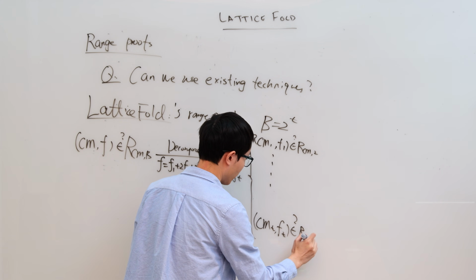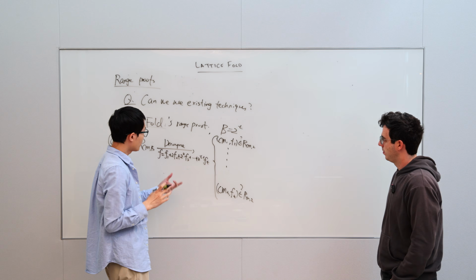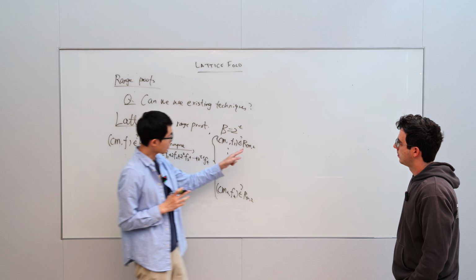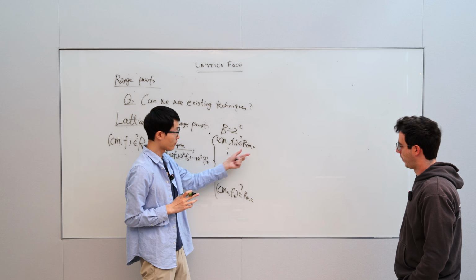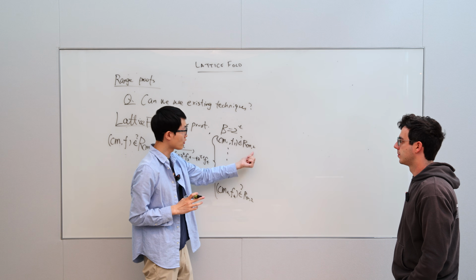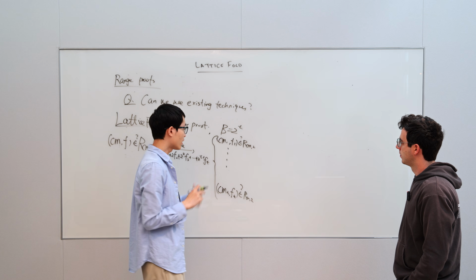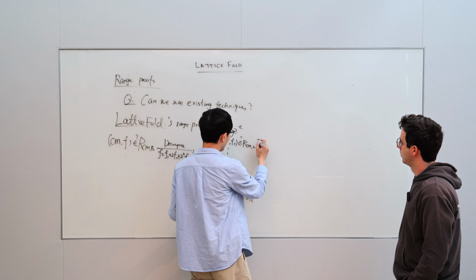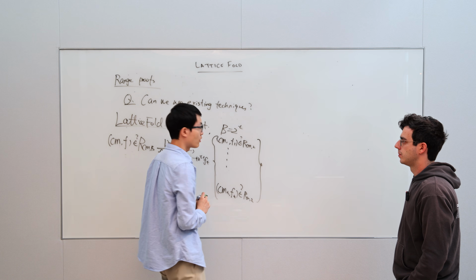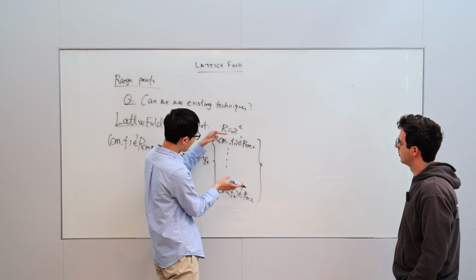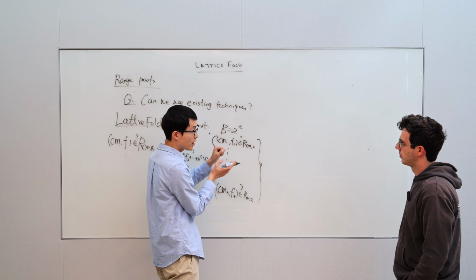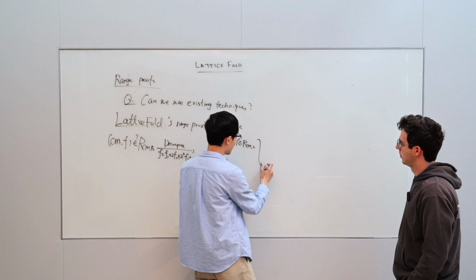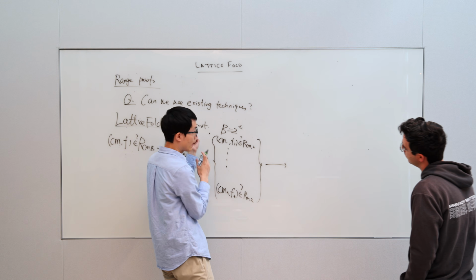The reason we want to do the decomposition is because this relation is much easier to prove, since we go from some large B to the smaller 2. And I claim that there is a very efficient way to batch prove all these statements and merge them, reducing them into a new statement, which is of the form I said before.